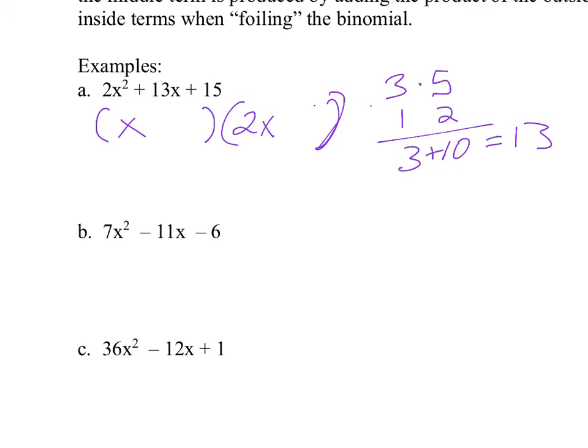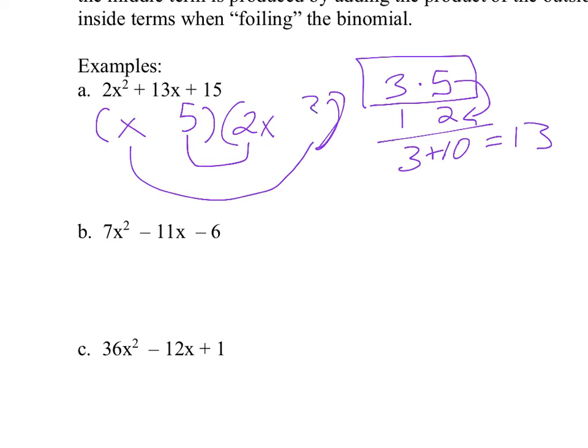So these are my constants. Notice that 5 has to multiply the 2, and this is the term that multiplies the 2. The 1 is over here. Since they're both pluses, the sign inside is plus.